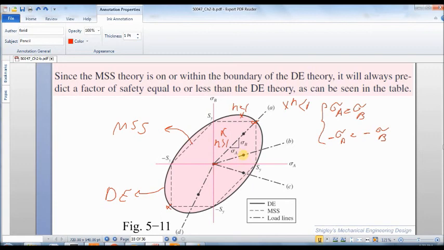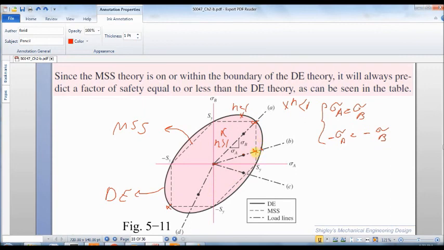And again, if we increase the load, as you can see, this is called the load line. The load line will meet the border of MSS first, at this location, and second, it will meet the distortion energy theory.